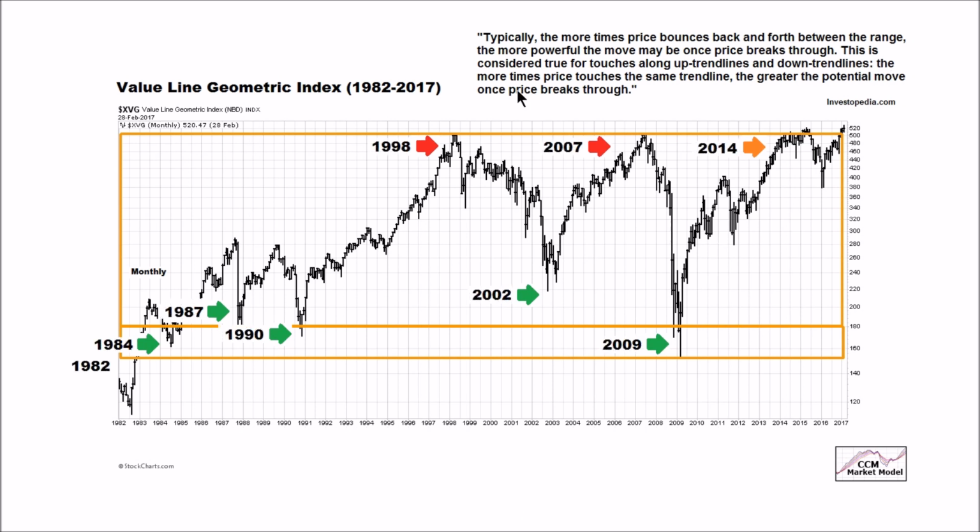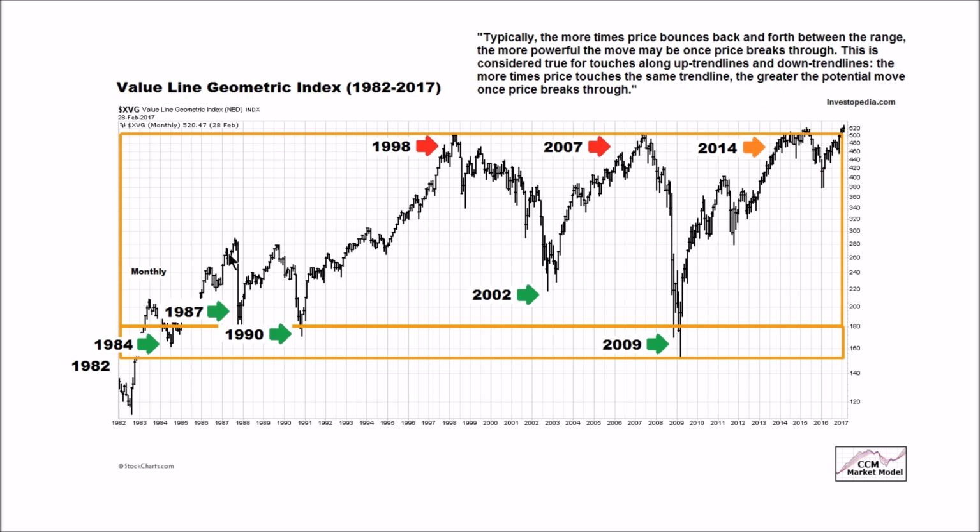The more times price touches the same trend line, 1984, 1987, 1990, 1998, 2002, 2007, 2009, 2014, the more times price touches the same trend line, the same concepts apply to the upper and lower ends of a trading range, the greater the potential move once price breaks through.